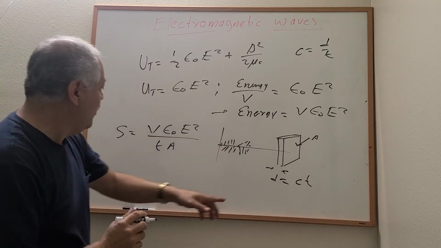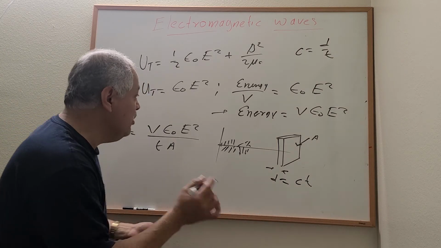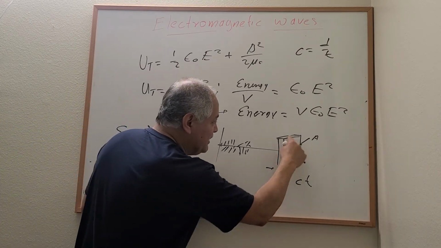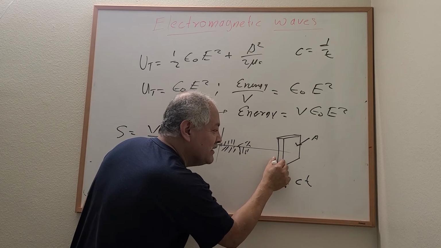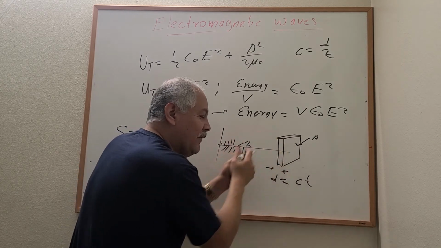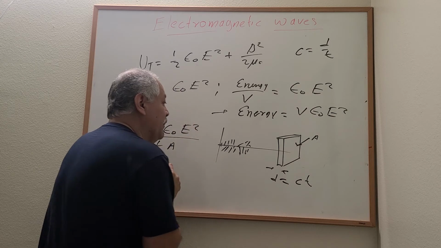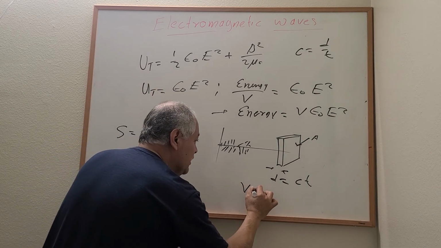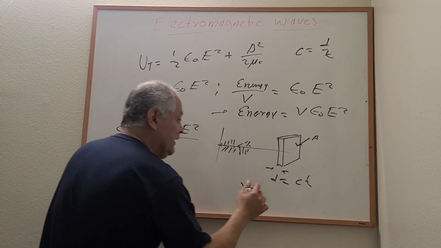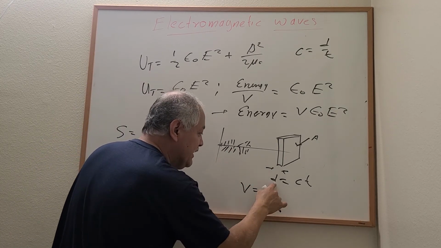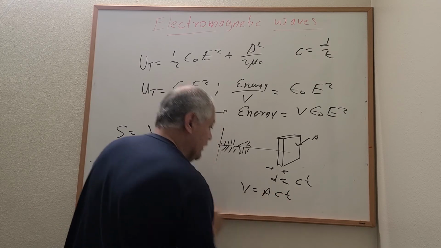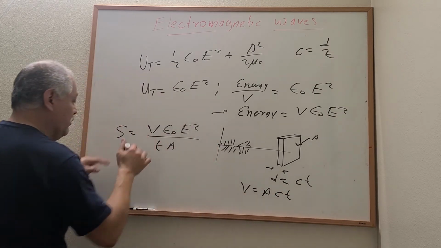Now volume is the area times this thickness. That's the volume for this segment. Okay, perfect. So volume is area times d, but d is ct. When we involve this value, what do we have?